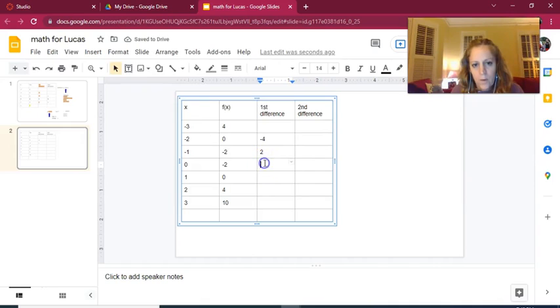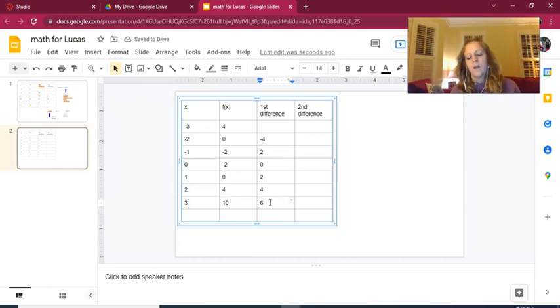To go from negative 2 to negative 2 would be a 0. To go from negative 2 to 0 is a positive 2. Then another positive 4, and then a positive 6. That would be the first difference.